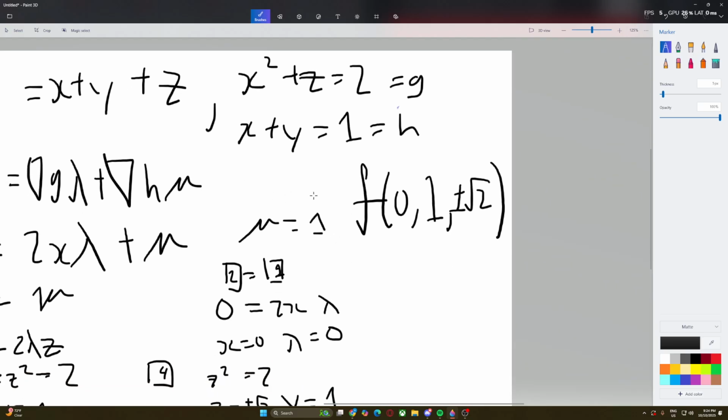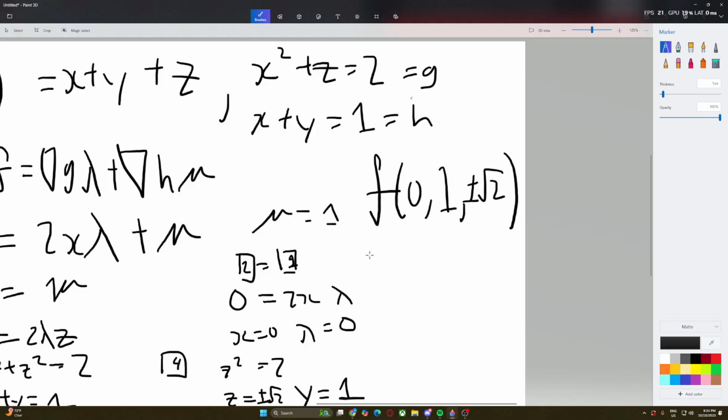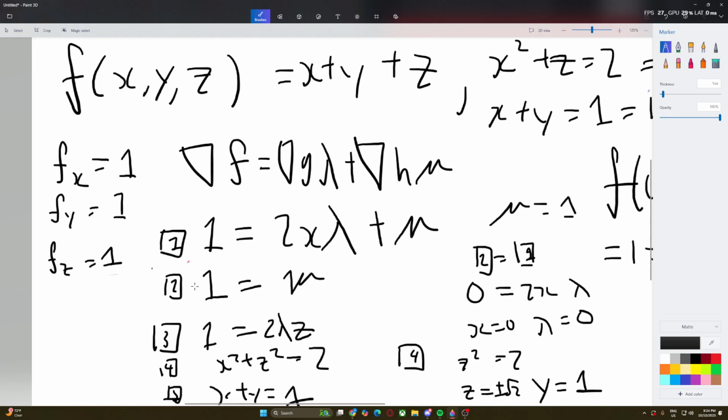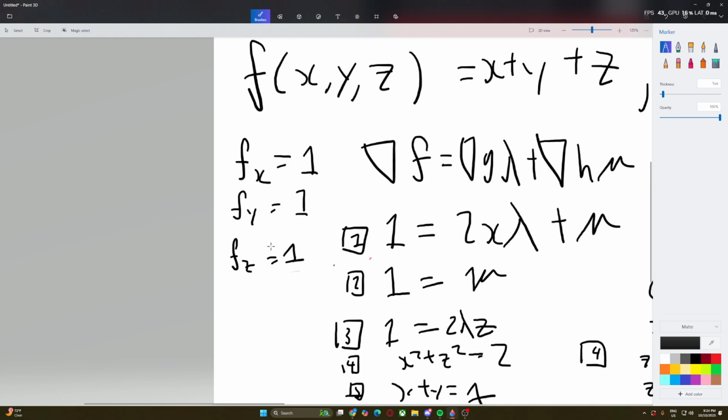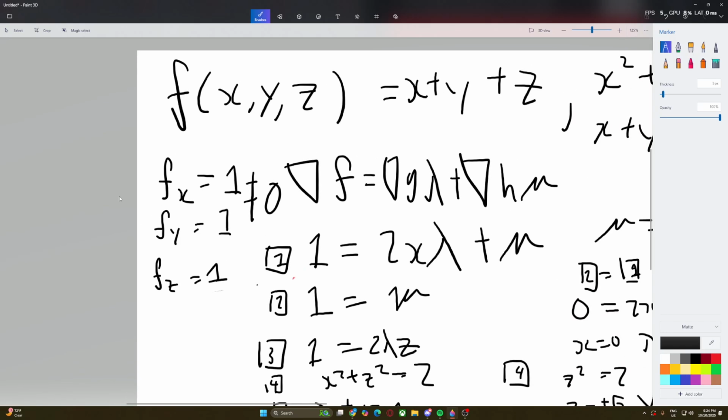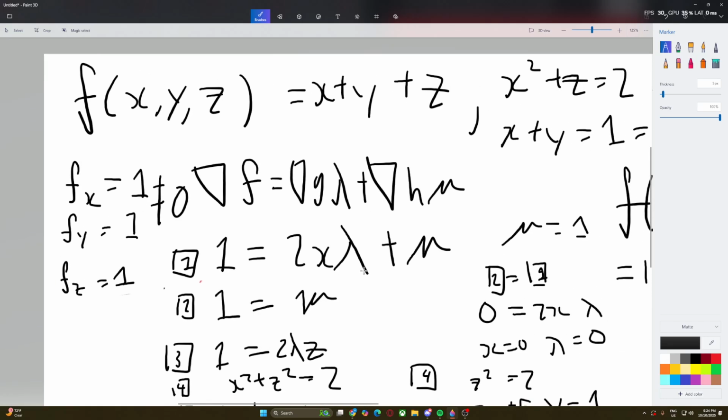And from this, we can plug in, and we would get 1 plus or minus square root 2. And based off this, oh yeah, I forgot. We're finding the maximum and minimum. Since these are all equal to 1 and cannot be equal to 0, we don't consider these.